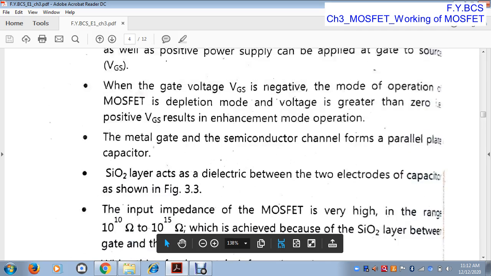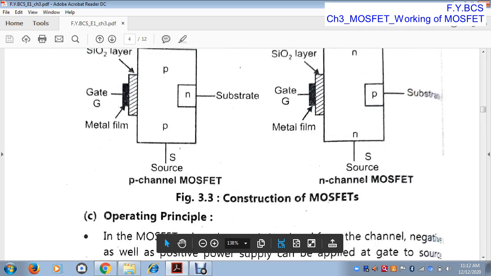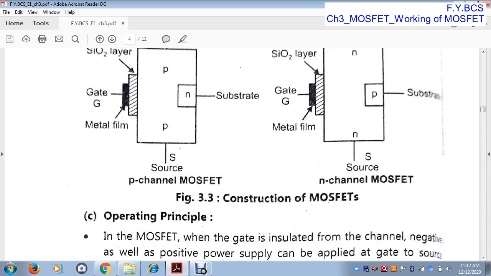Depending upon the voltage that we apply across the gate terminal and source terminal, the MOSFET has two operating modes: depletion mode and enhancement mode. If we provide a positive voltage to the gate and source terminal, listen carefully, then the mode of operation is called enhancement mode.